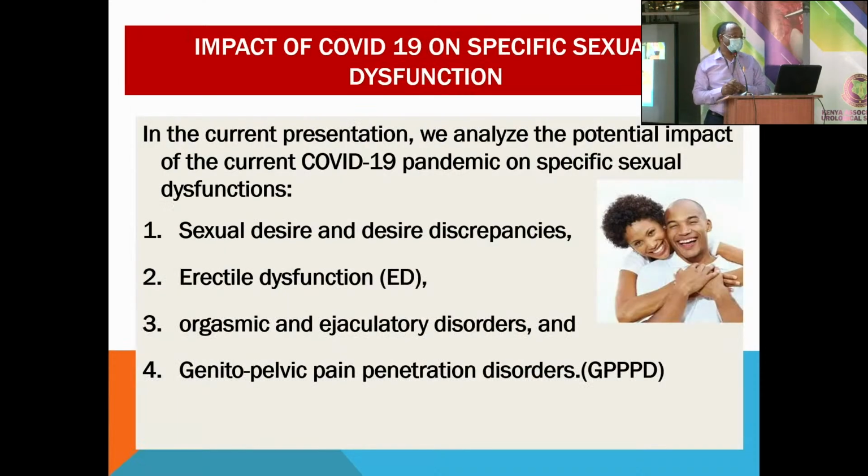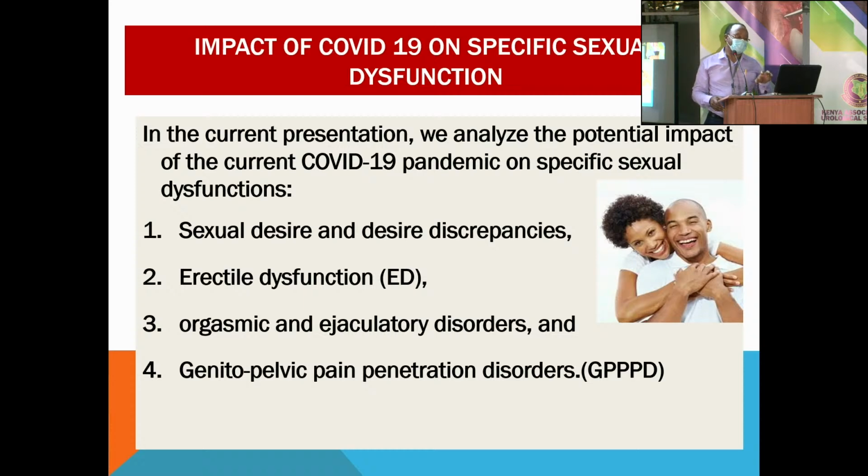Now, on sexual desire and desire discrepancies, it was noted during this particular period of time, and especially in a study published in the Journal of Medical Internet Research, 2020, that there was a change in sexual behavior for couples younger than 35 years old.